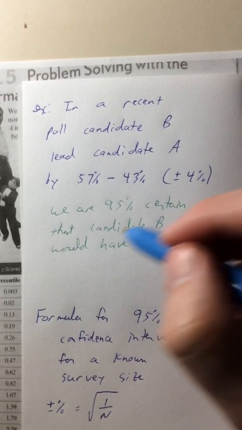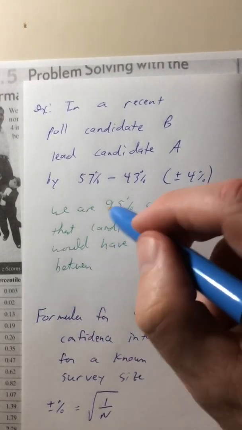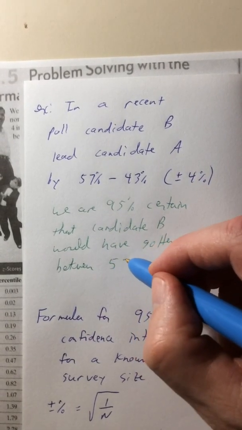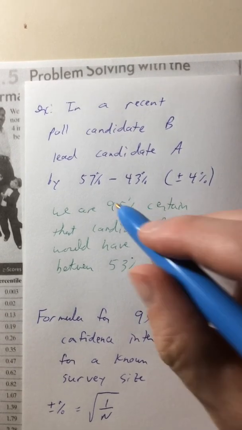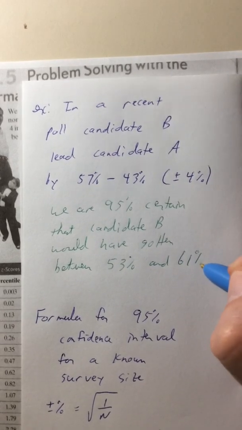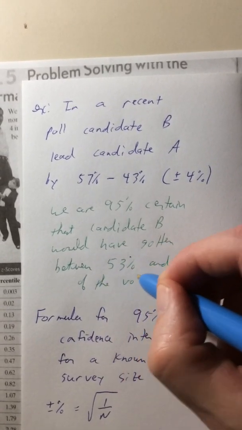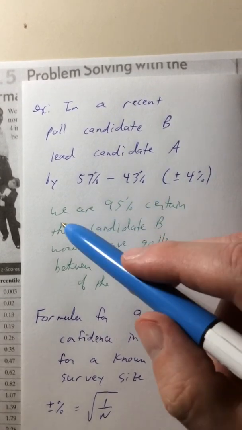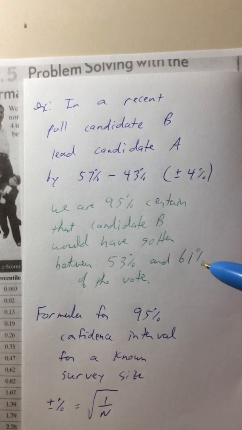So gotten between 57 minus 4, which is 53%, and 57 plus 4, 61%, 61% of the vote.